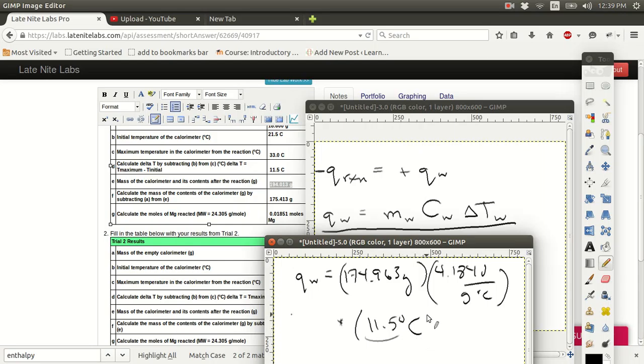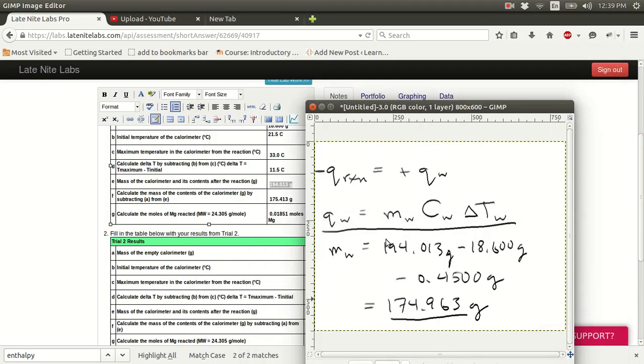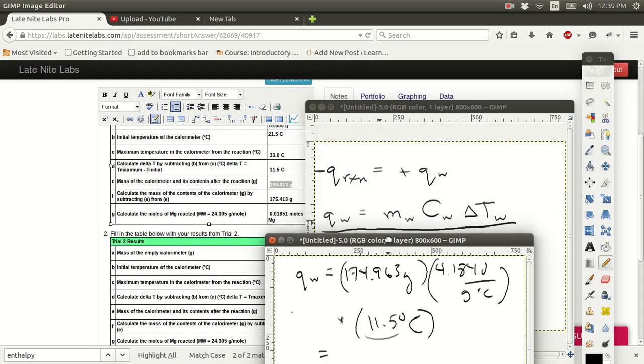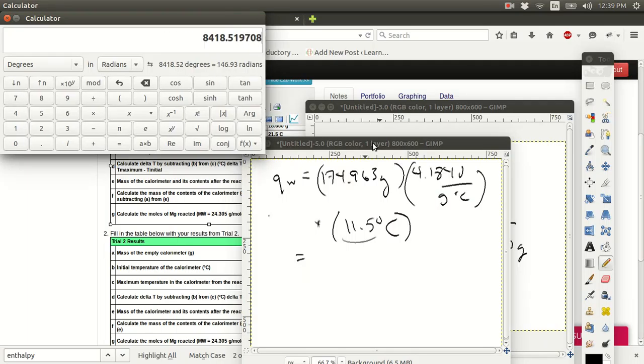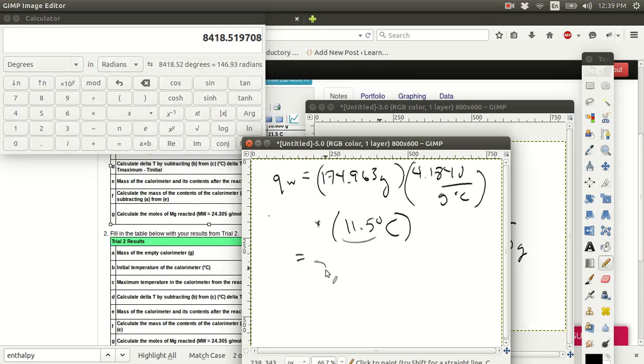Notice this is 3 significant figures, so my answer is going to be in 3 significant figures. 8,420. That's 8,420 joules. This got absorbed by the water.